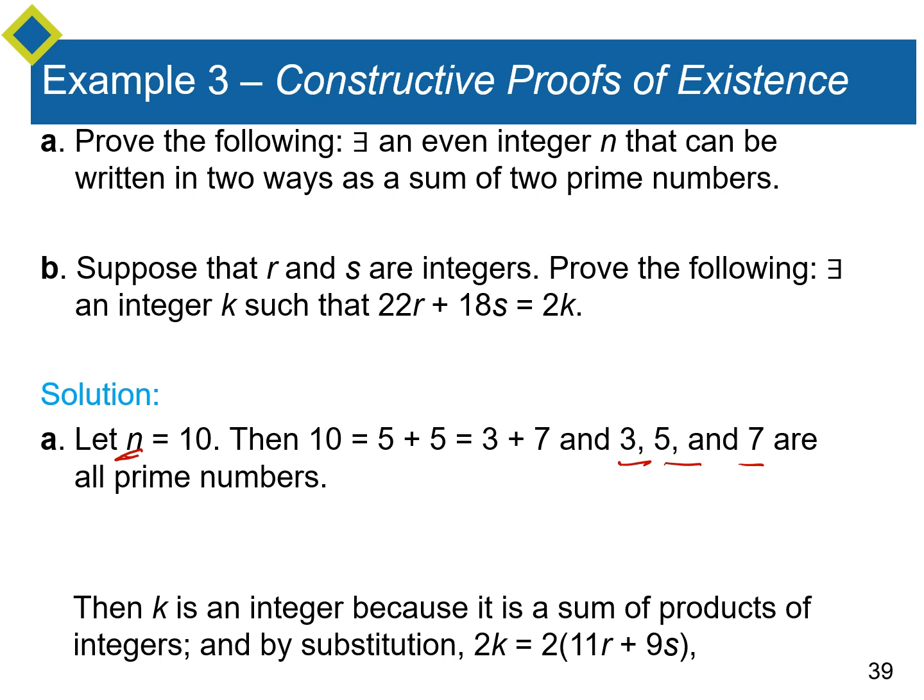So we can find the value of n to prove this predicate is true. For B, k equals 11r plus 9s. Then k is an integer because it is a sum of products of integers. So we can substitute 2k equal to this one.